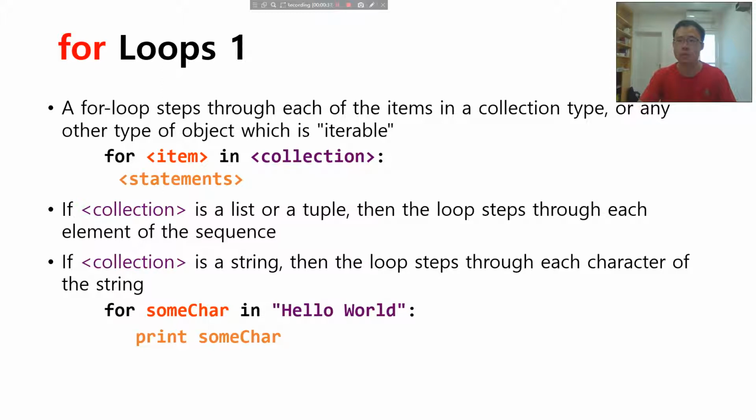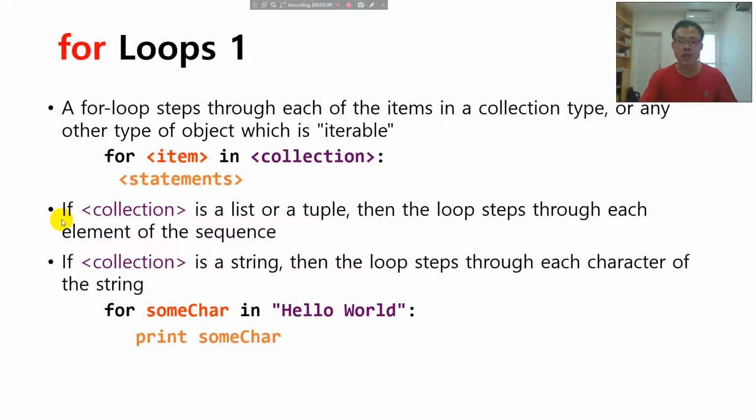That means any type of object that has different elements in order. And the program can iterate through each element of the data type. We can use the for loop to iterate each one of the items. So for each item in this collection, you do something, which is a statement.